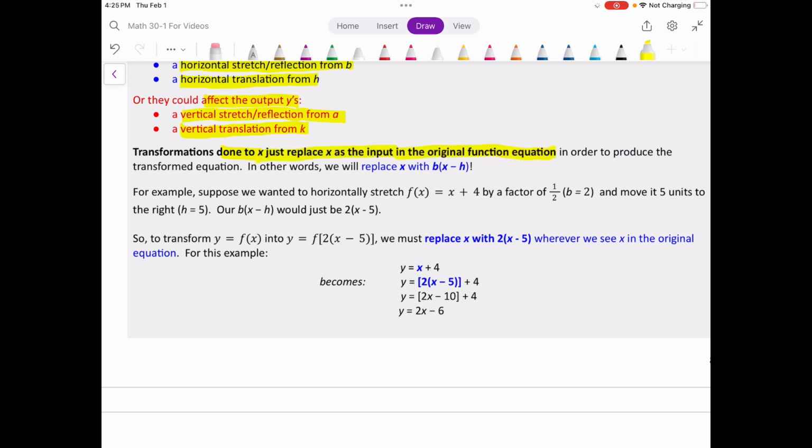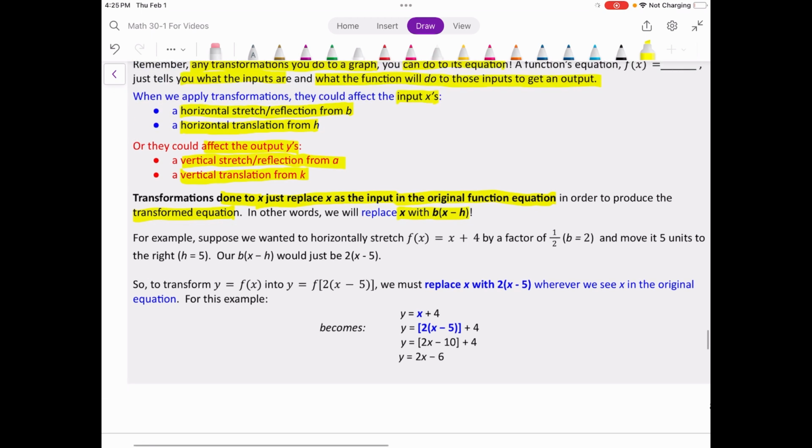In order to produce the transformed equation, literally what we're doing is we're replacing x with b times x minus h, right? That's why in our equation the transformed one will be a times f of b times x minus h, right? Remember, that's our input. This is what we're inputting into the function.